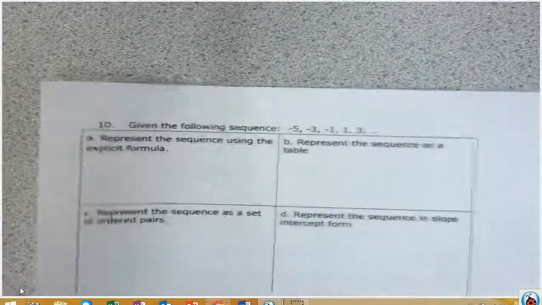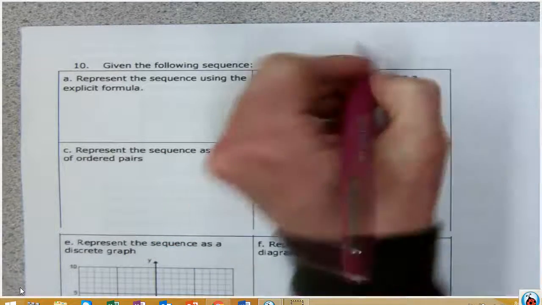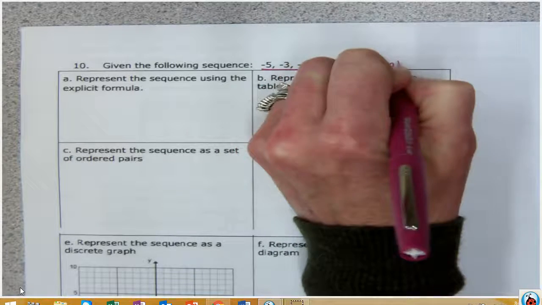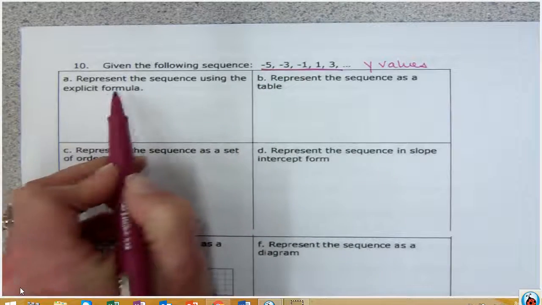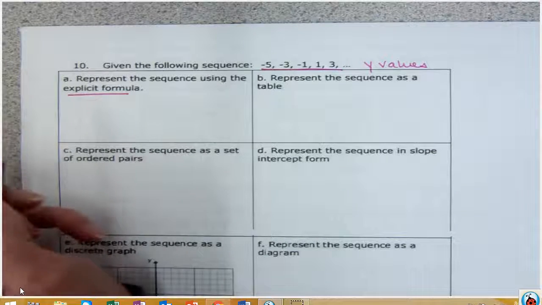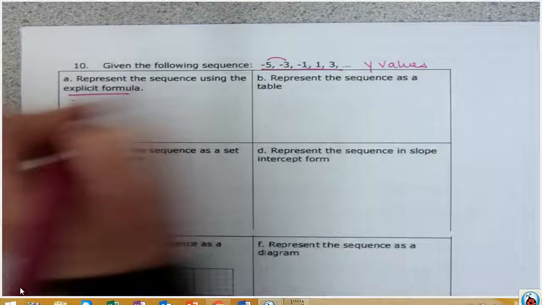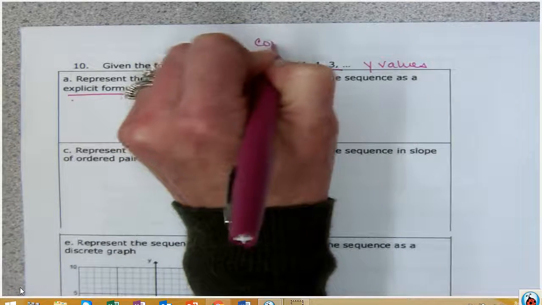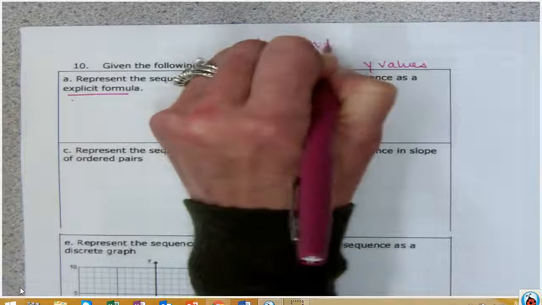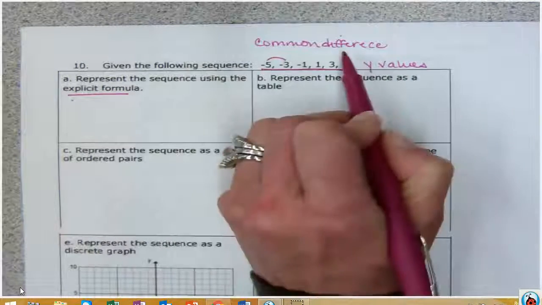Here we have the following sequence. These are going to be your y values. Represent the sequence using the explicit formula. Well, the common difference is what?